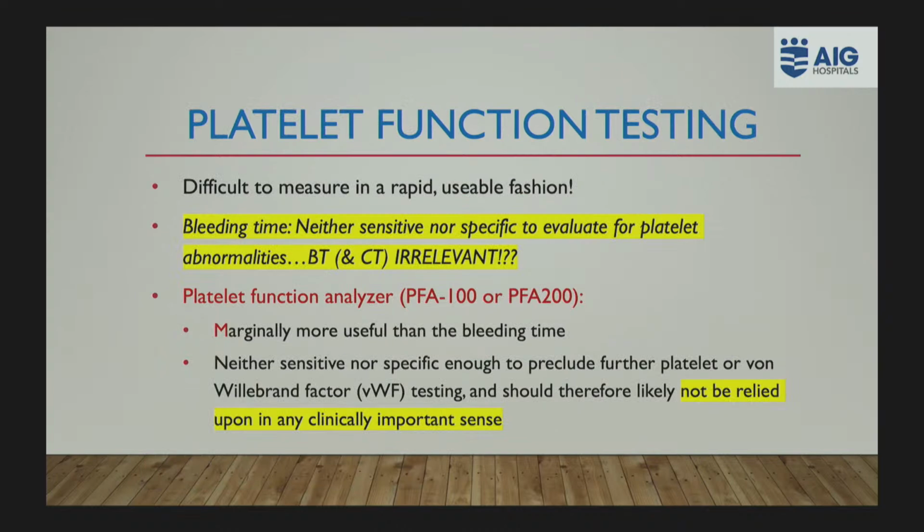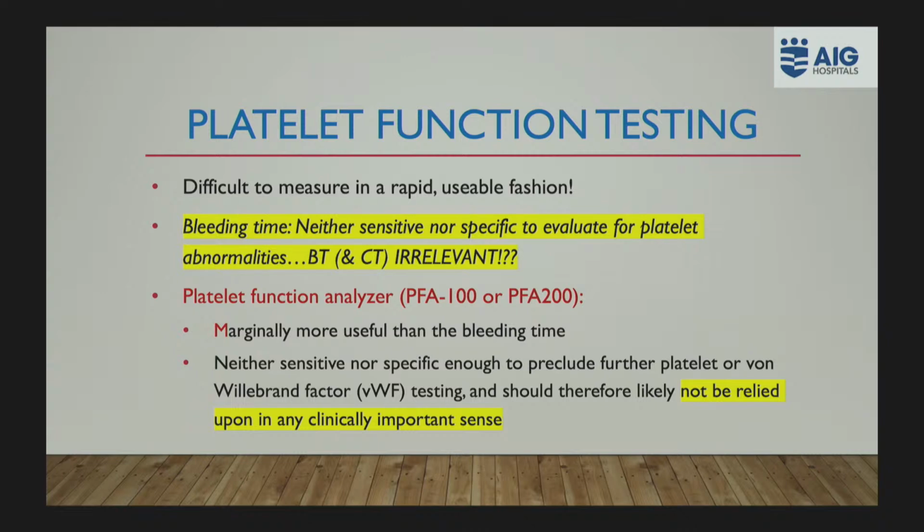Coming to platelet function testing, platelet function has proven somewhat difficult to measure in a rapid, reliable fashion. Bleeding time can be taken as a measure, but it is neither sensitive nor specific to evaluate platelet abnormalities. The platelet function analyzer, PFA-100 or PFA-200, is also only marginally more useful than the bleeding time.